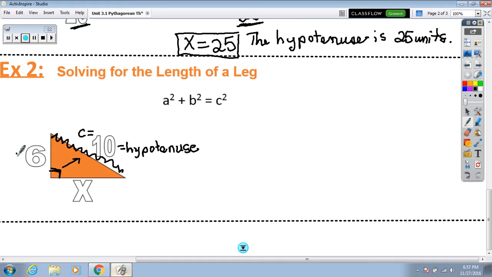So that means over here, a is 6 and b is x. So let's plug in all the numbers where they go. A is 6 squared plus b is x. So x squared equals c, the hypotenuse, is 10 squared.